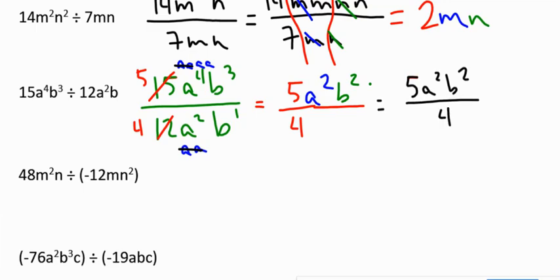One thing I do want to mention here is if we look at this first one, how we wrote this, and the 5 over 4 is kind of right above each other. I want you to know that these are equal expressions. They are equal monomials in this case. But I also want you to know that this and this is the exact same thing as if you had 5/4 with the a squared b squared kind of next to it.